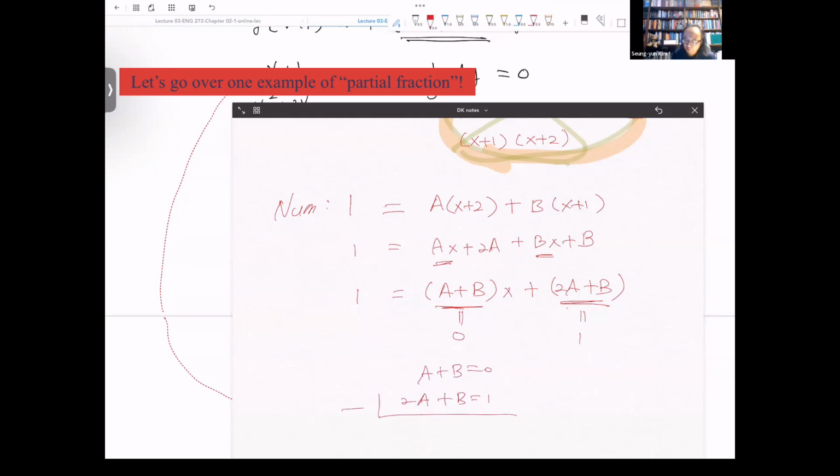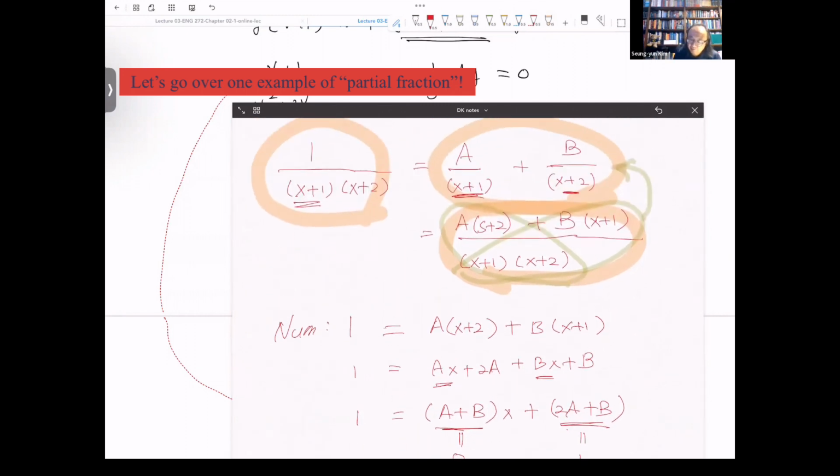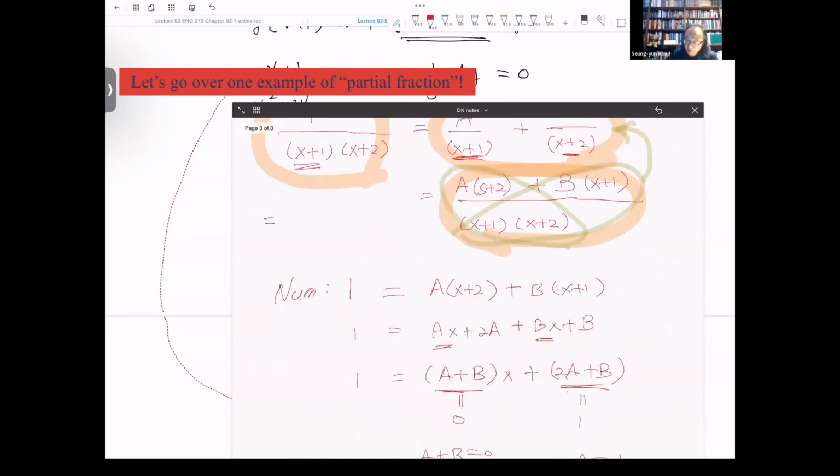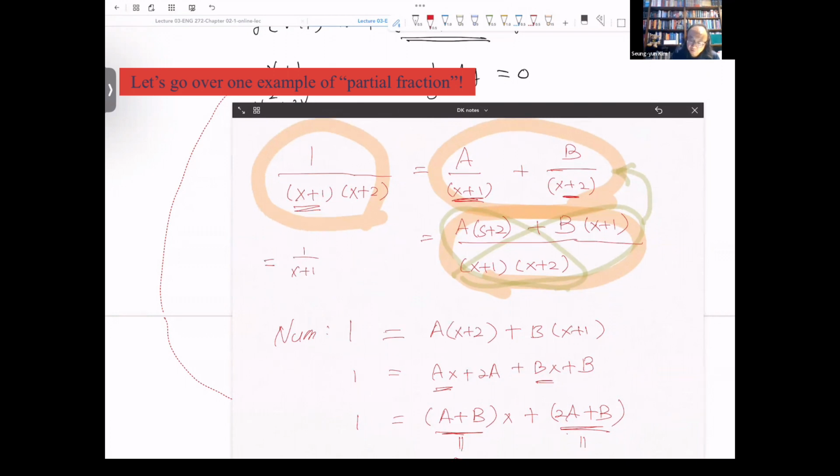If we subtract, negative a equals negative 1, so a has to be 1, that means b has to be negative 1. So go back, we put this equal to a, which is 1 over x plus 1, and b is negative 1 over x plus 2.